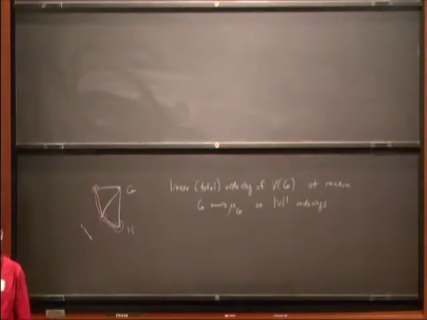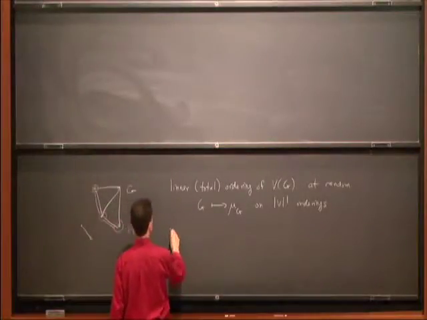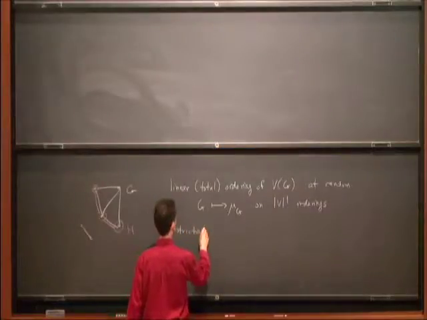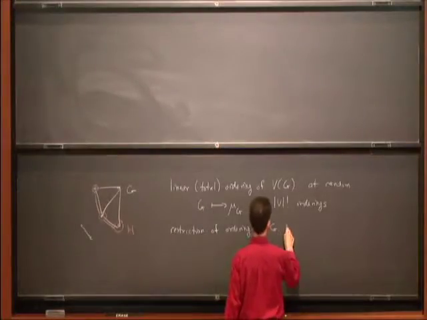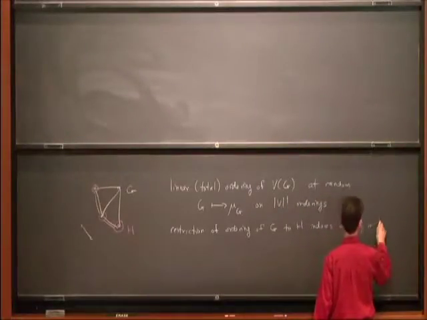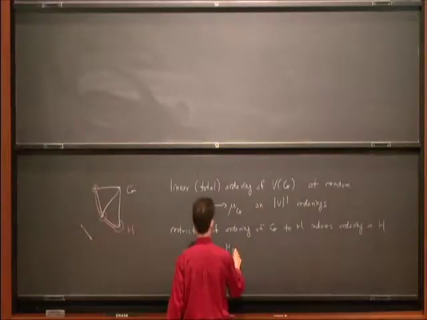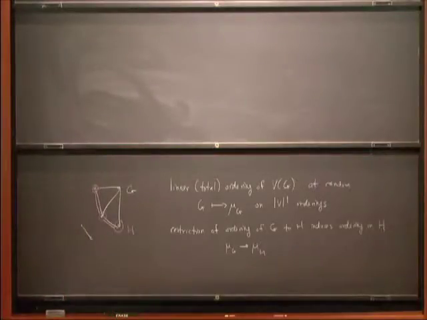If I have a big graph G and an induced subgraph H, any particular linear ordering on G induces a linear ordering on H. And so if I take a random linear ordering on G, that induces a random linear ordering on H. And so under this restriction map, the measure on orderings on G should induce the measure on orderings of H. Those are the two conditions.